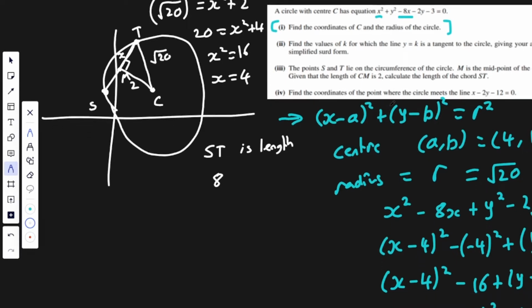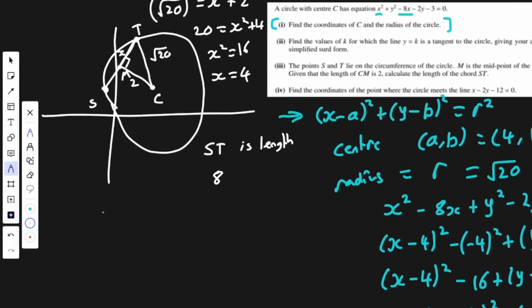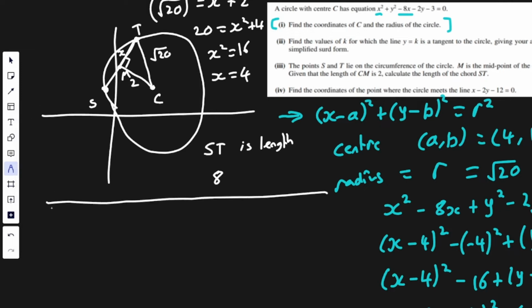Okay, finally, part 4, find the coordinates of the point where the circle meets the line x minus 2y minus 12. So in other words, we're solving the simultaneous equations x squared plus y squared minus 8x minus 2y minus 3 equals 0, and our second equation is x minus 2y minus 12 equals 0.